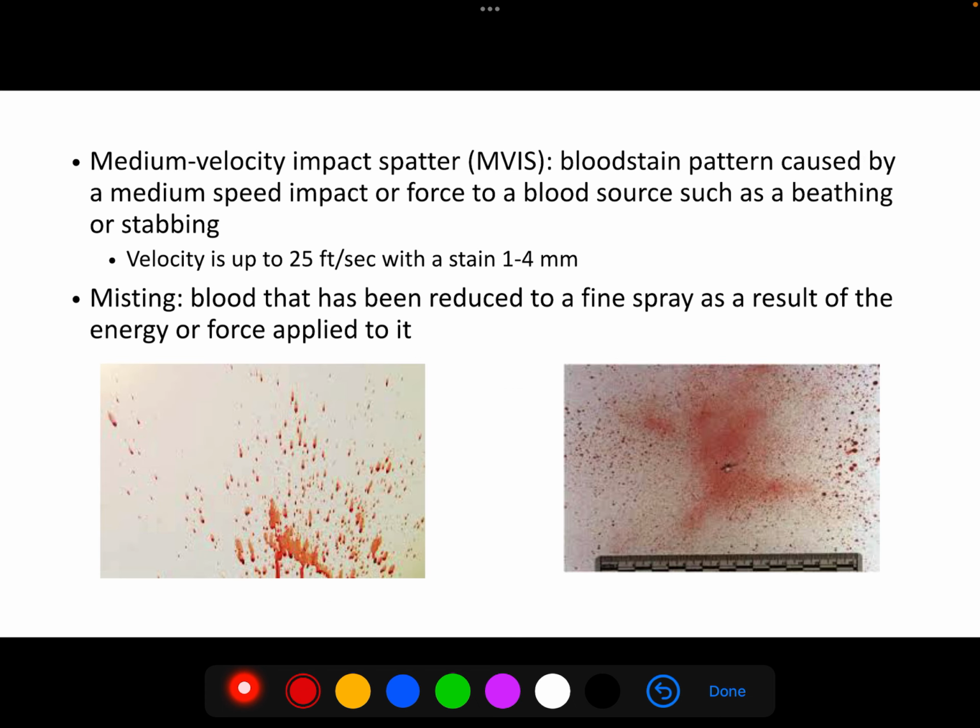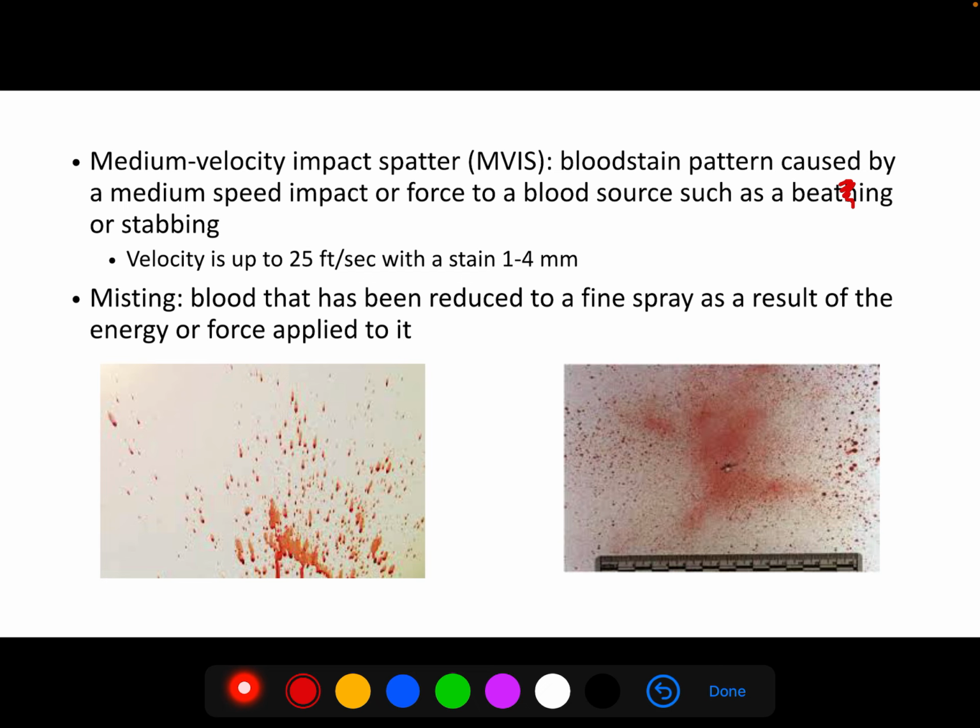In between those two, we have the medium velocity impact spatter, or MVIS for short. These are bloodstain patterns caused by a medium speed impact or force to a blood source, such as beating or stabbing. Excuse me, that's a typo. So this might be with a knife, with a baseball bat, something like that.